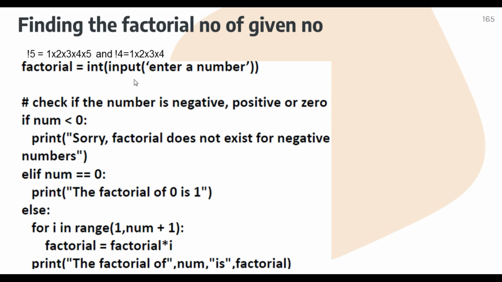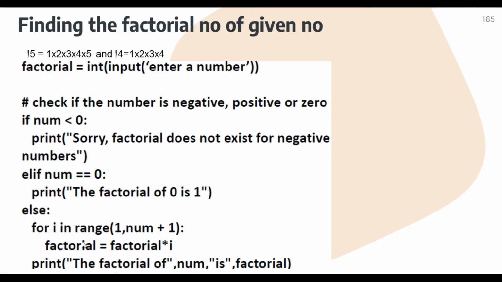Here the variable should be num, not factorial. Then what we are going to do: factorial equals 1 first, and then factorial equals factorial into i.